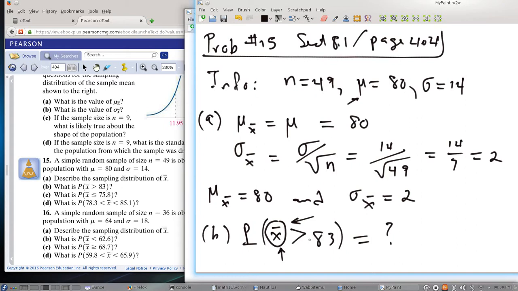So that's the key here for us to understand, and the equation that requires us to compute the z value.